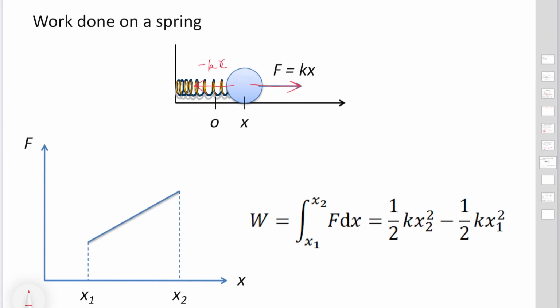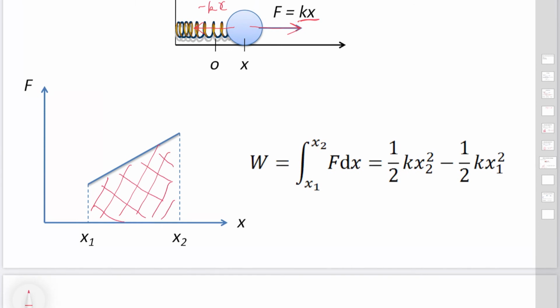So the same amount of force, kx, is applied in the positive direction to stretch the spring, the opposite direction with respect to the force by the spring. You can calculate the work by performing the integral. In this case, F is kx. The integral becomes one half k x squared, with x changing from x sub 1 to x sub 2. This is the amount of work to stretch a spring.